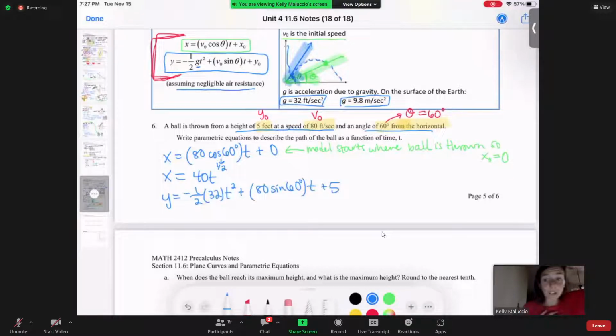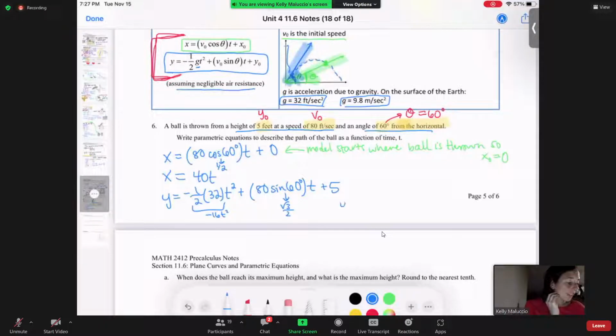So this equation is ugly, but we can simplify. This right here simplifies to negative 16t squared. And then sine of 60 is √3/2.